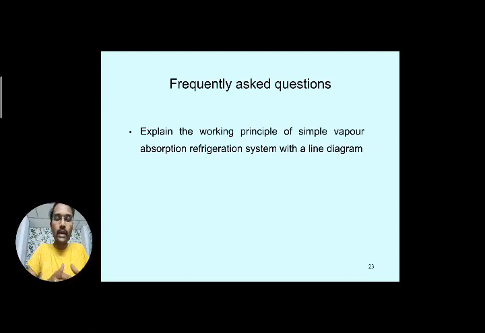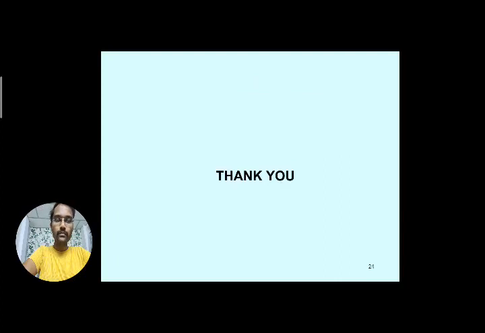So you have to draw a line diagram and explain the working principle briefly. It is a frequently asked question, so you can note it down: explain the working principle of a simple vapor absorption refrigeration system with a line diagram. So this is the question, right? Coming to the end of the session.